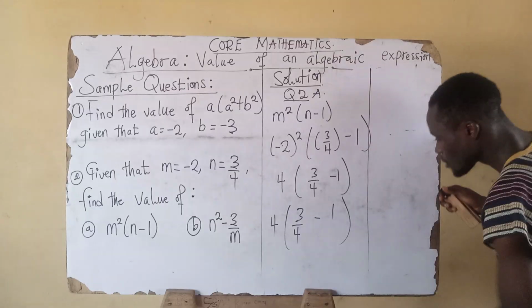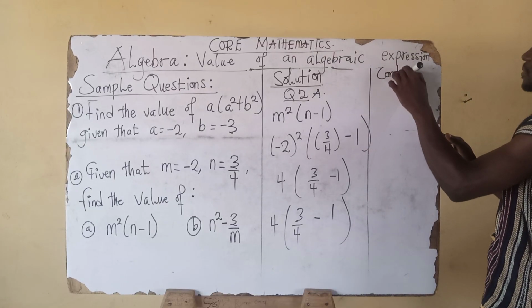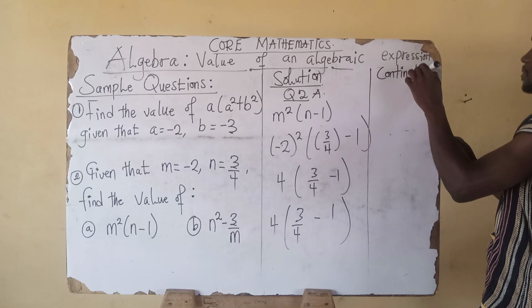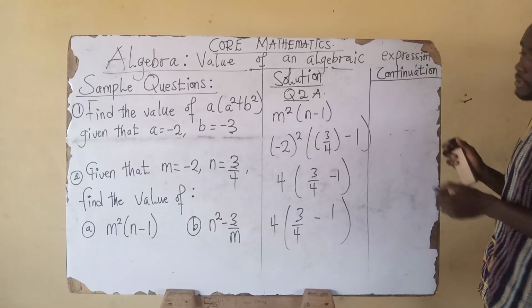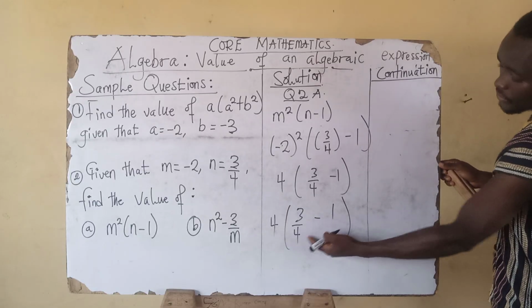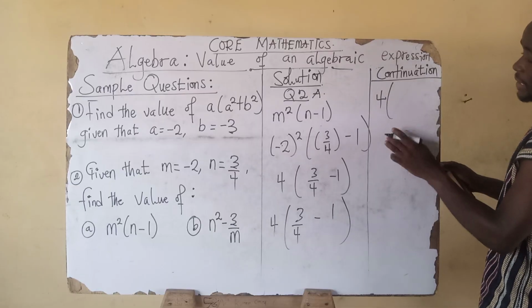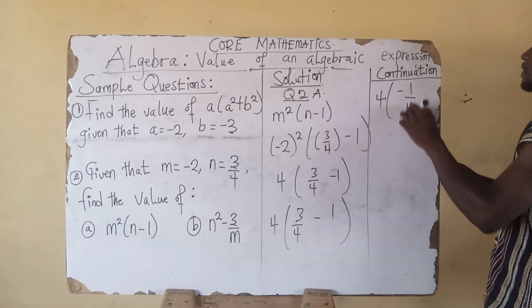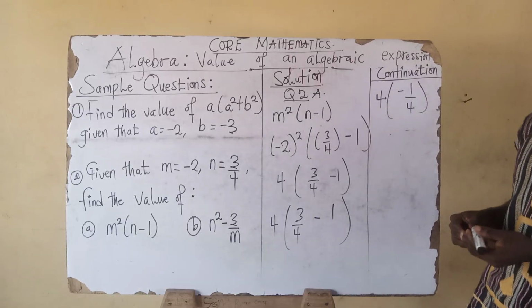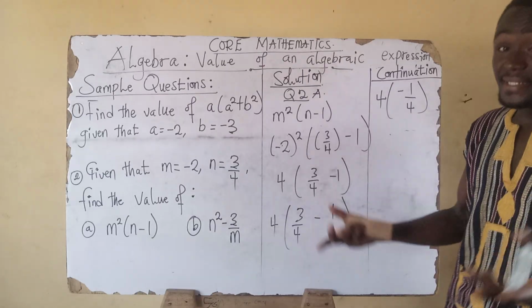So through mathematical continuation, after solving this, we had a certain value. So I have 4 in a bracket. After solving this, we had negative 1 over 4. Do you remember what we had? We had negative 1 over 4, and I believe you understand the concept.